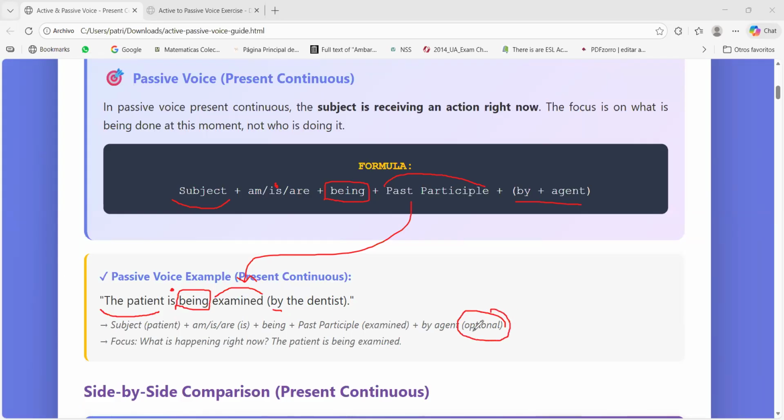Optional. The words in parentheses are optional. You say, okay, I include by the dentist, or maybe you take out by the dentist, because for me, the most important is the patient.